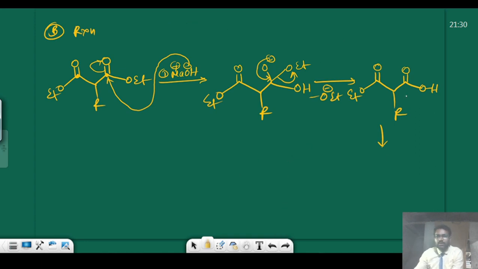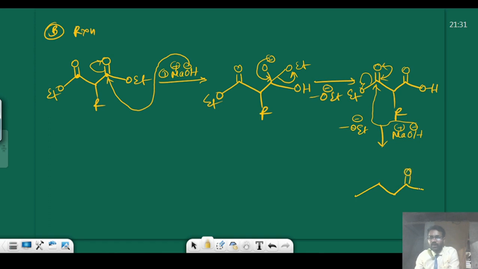Again in the presence of sodium hydroxide, this will attack this electrophilic center. This will open up, come back, and OEt minus will leave the reaction, and there is a formation of carboxylic acid, and this is the substitution which is present over here.